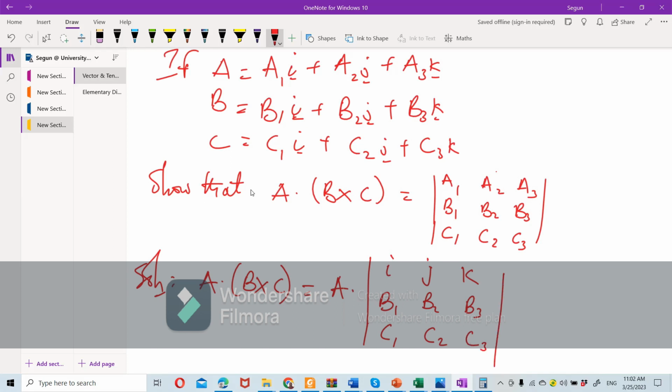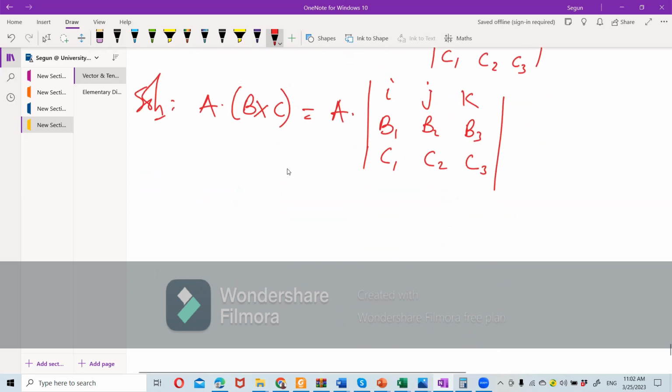So all you need to do is, you know the definition of A, then we find the cross product of B and C, then you take the dot product of the two.